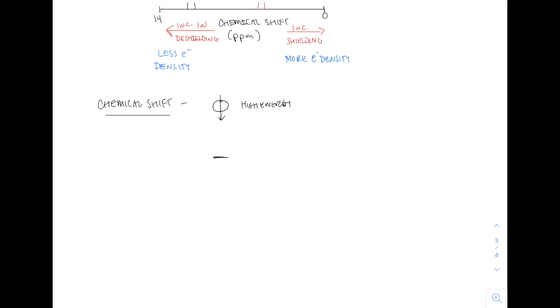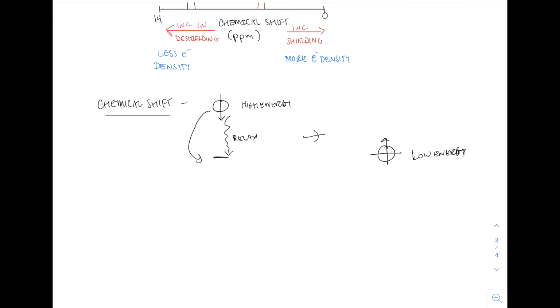Essentially what happens is this guy relaxes, so it goes woo, and then all of a sudden we end up in that low energy state eventually, right? So when we're applying the magnetic field and the radio frequency, we are only doing it temporarily. So we're going to excite that nucleus and cause that spin flip to occur, and then eventually it's going to relax, going down to that lower energy state.